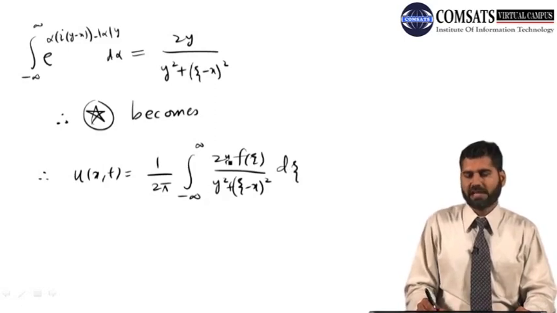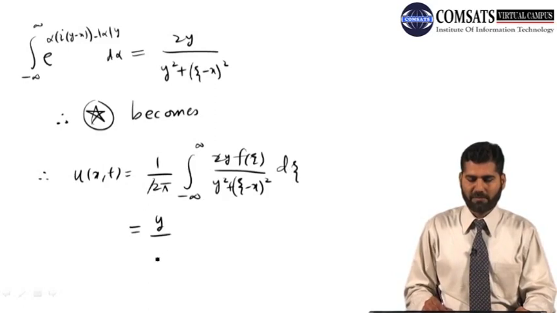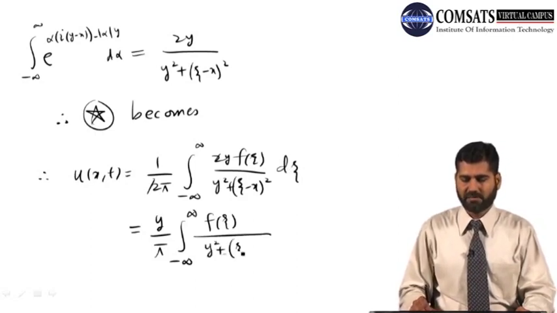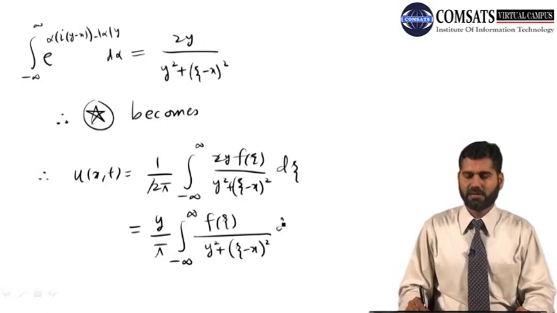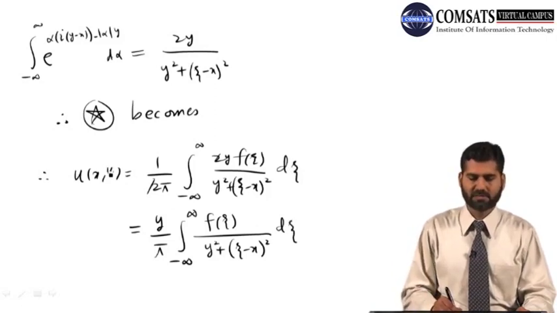You can take 2y common here, so 2 and 2 are cancelled. You can write y by pi, integral from minus infinity to infinity of f xi divided by y square plus xi minus x square d xi. So this is what you will get as your solution, u x y.